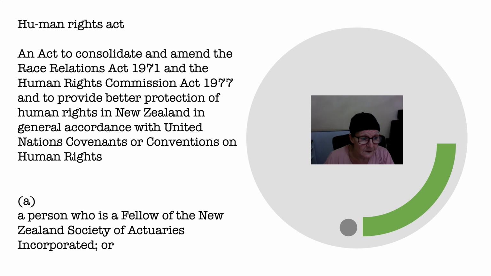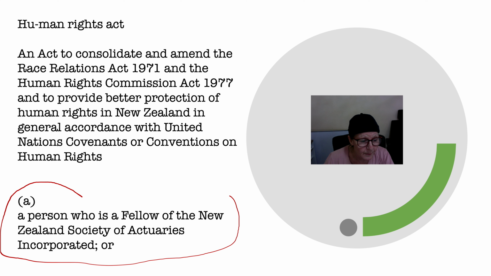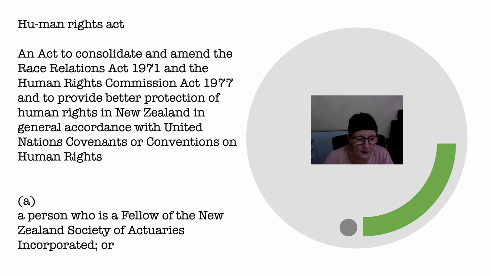But it says here, the Human Rights Act is for a person who is a fellow of the New Zealand Society of Actuaries Incorporated. Here's your corporation here, all right? So that is different from our indubitable rights.